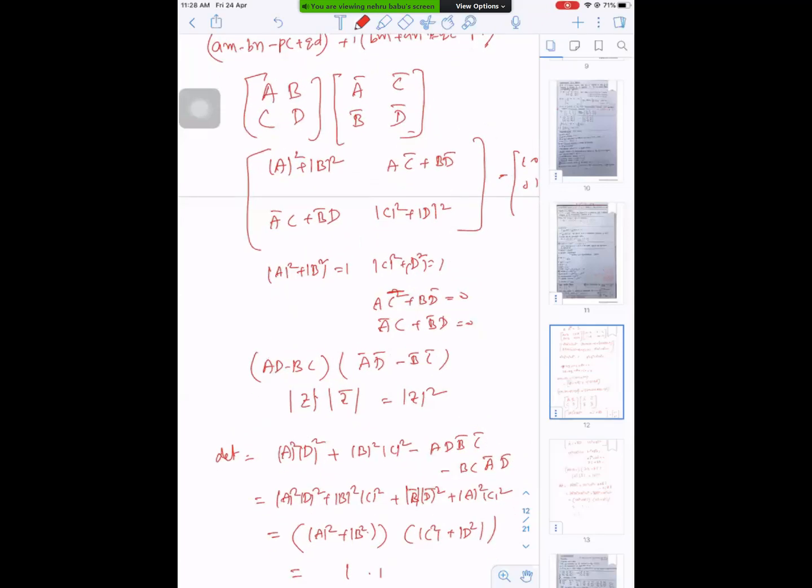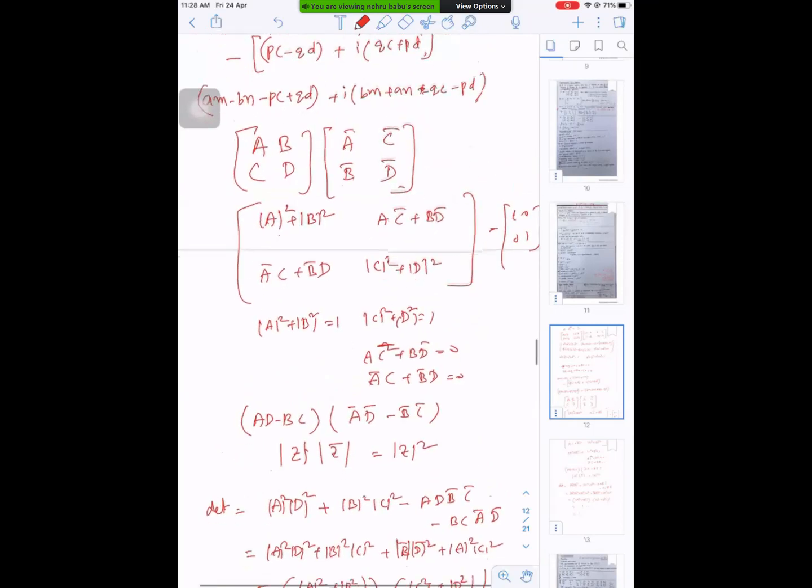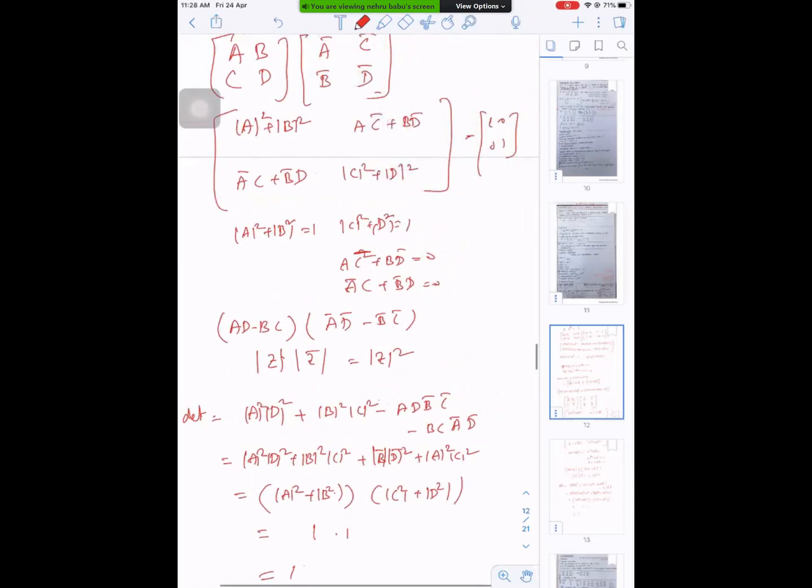Here we check whether any imaginary part is coming. So you proved det of A into A star is 1, not det of A is 1. It is already one, no need to check that thing, it's a waste of time.